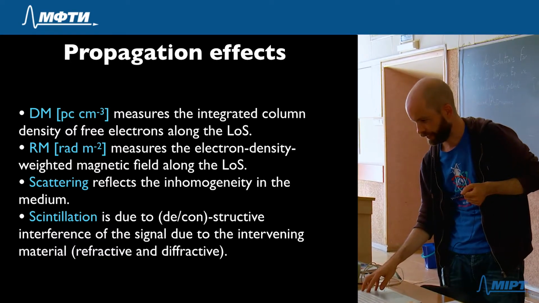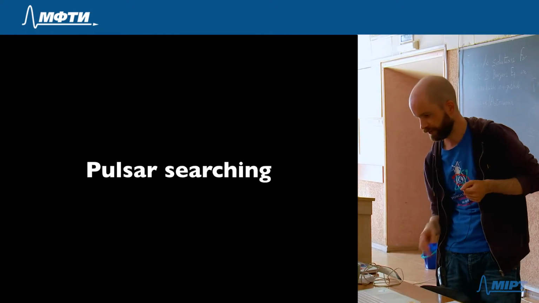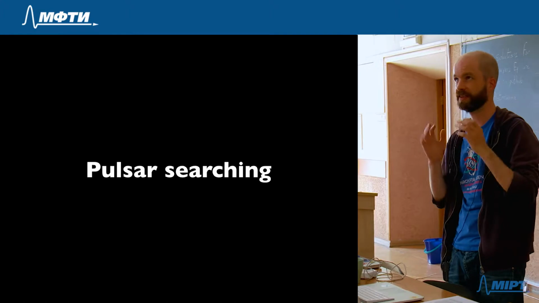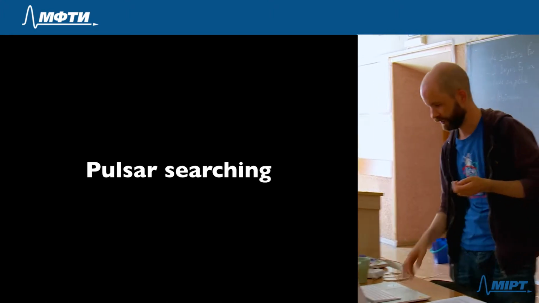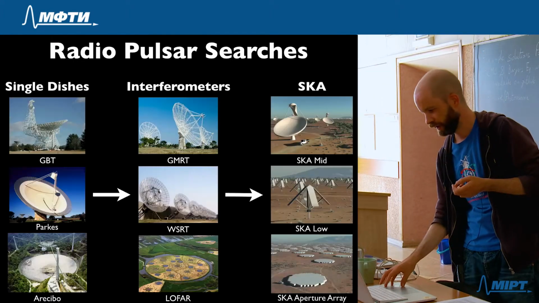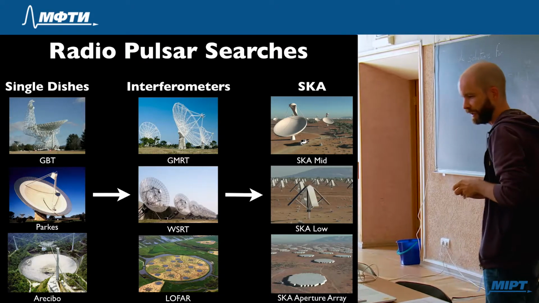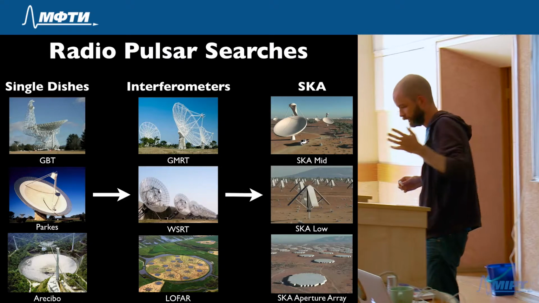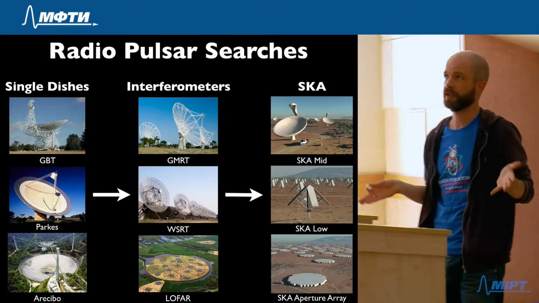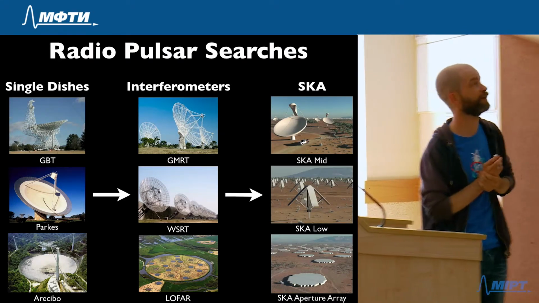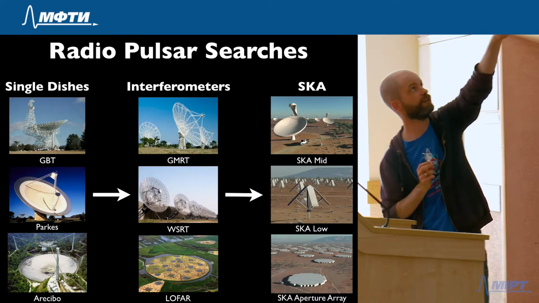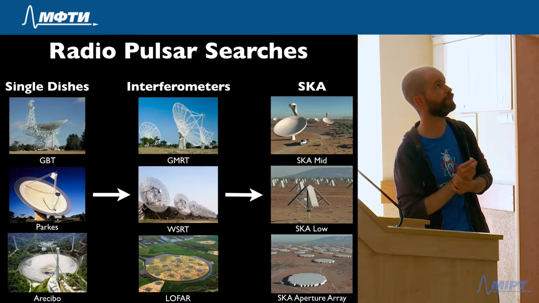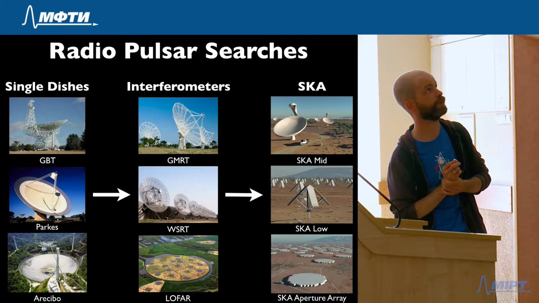So the thing I would like to conclude on before we have the coffee break is just explaining a little bit how we do pulsar searching, because this leads into how fast radio bursts were discovered in the first place. I won't dwell on this, but as I tried to tell you guys earlier in the lecture, because of the increase in available computing power, we're actually moving more and more towards using interferometric arrays, so collections of multiple telescopes to do these types of pulsar and fast radio burst observations.